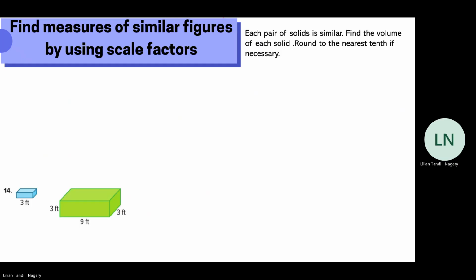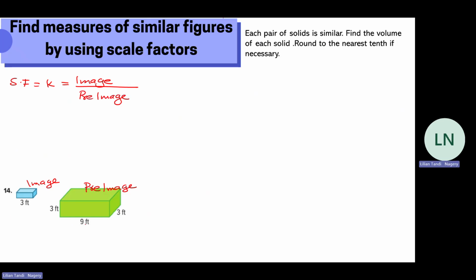Okay. Here we have our rectangular prism. So this is my pre-image. And this is my image. Let's find scale factor. Scale factor equals K, which equals image over pre-image.